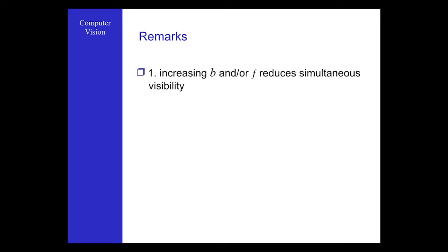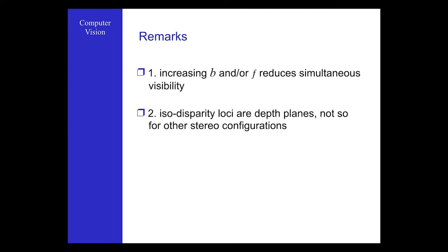Finally, some remarks. First of all, what we just saw: increasing B or F, baseline or focal length, will reduce simultaneous visibility. So we may get precision that is better, but on the other hand, we get less visibility. We notice that. Secondly, if you look at the places of points with the same parallax, the same disparity, you get these planes.